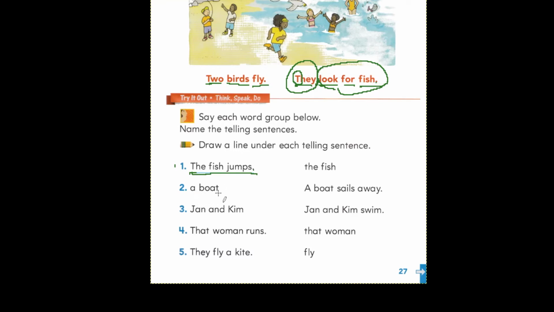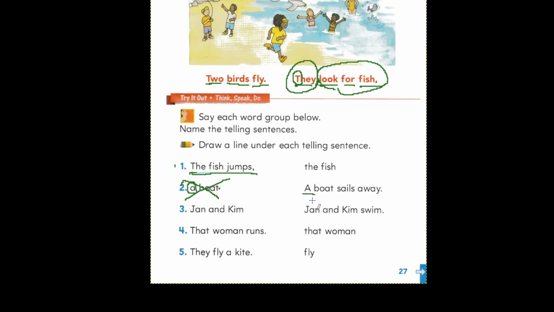A boat. Well, let's look at this. This is a lowercase a, and look, there's no period. So that is not a telling sentence. But look over here. A boat sails away.